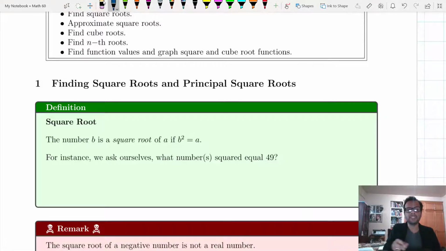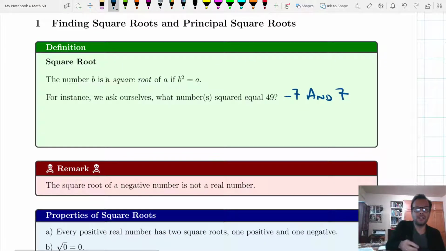However, when we want to find the square root of 49, we ask ourselves what numbers squared are equal to 49. So in a way, the number 49 has two square roots. One is -7 and +7 is the other one.